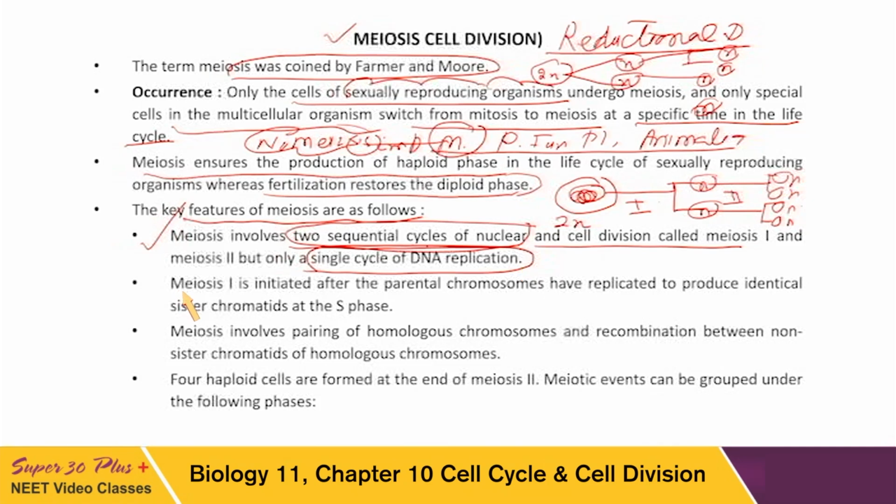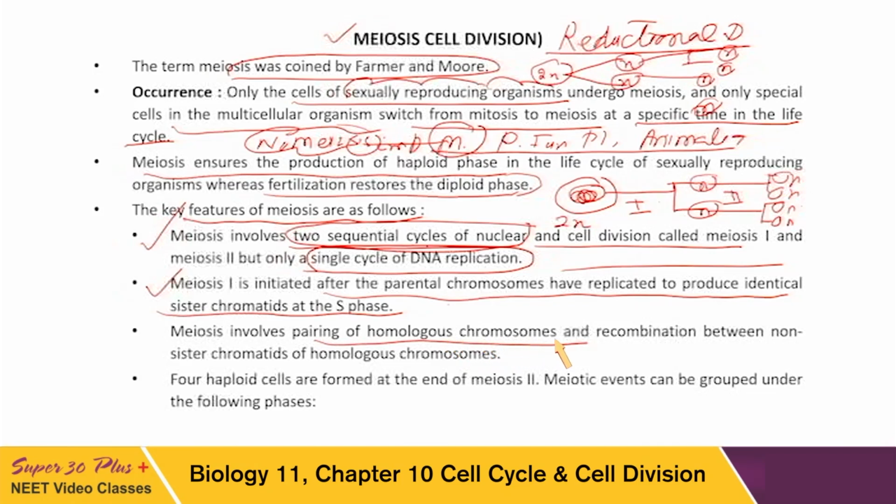Meiosis first is initiated after the parental chromosomes have replicated to produce identical sister chromatids at the S phase. Very important, because a chromosome having a single chromatid won't enter into meiosis. Meiosis involves pairing of homologous chromosomes.